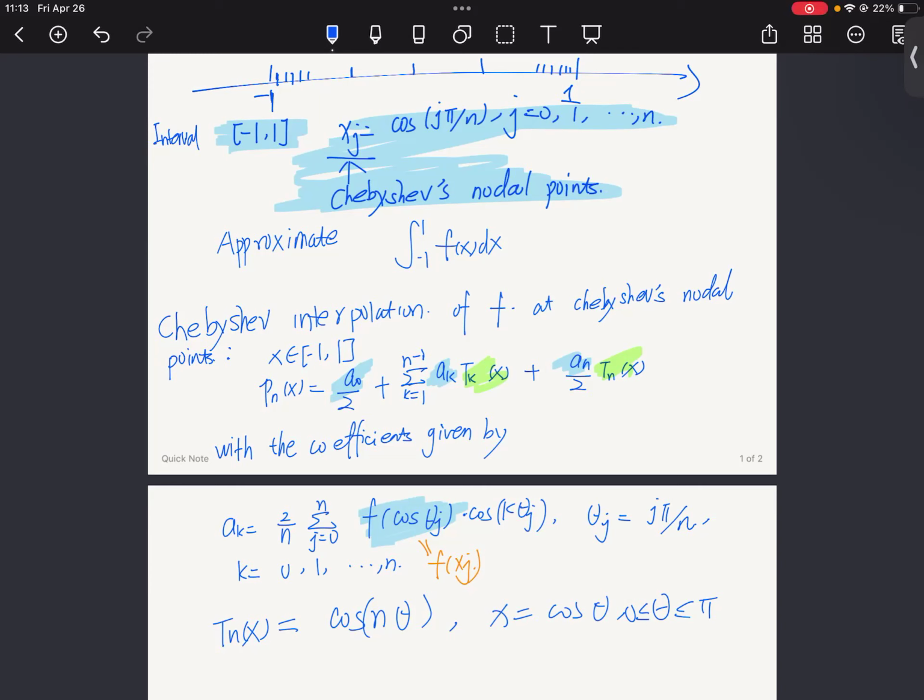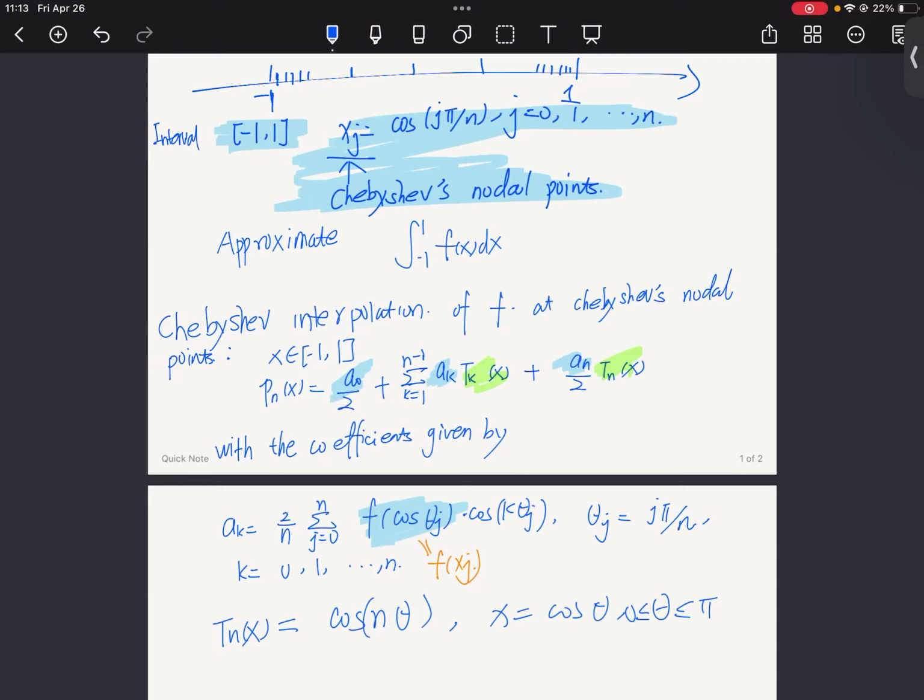This is 0 to pi, and this is the cosine function on the interval 0 to pi. On this interval, you will see the cosine function varies from 1 to -1. Does that make sense?